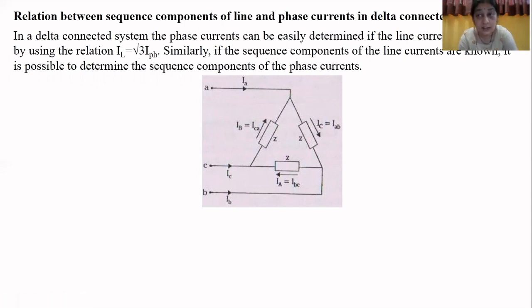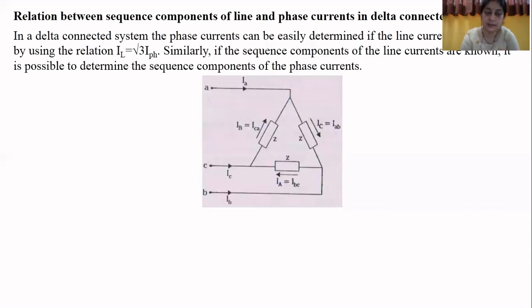Remember, they're all entering the delta connected system. And then IAB, IBC, and ICA represent the phase currents of the delta connected system, which are represented as I capital C, I capital A, I capital B, again as the same theory, which are used to represent the opposite vertex of the considered branch.